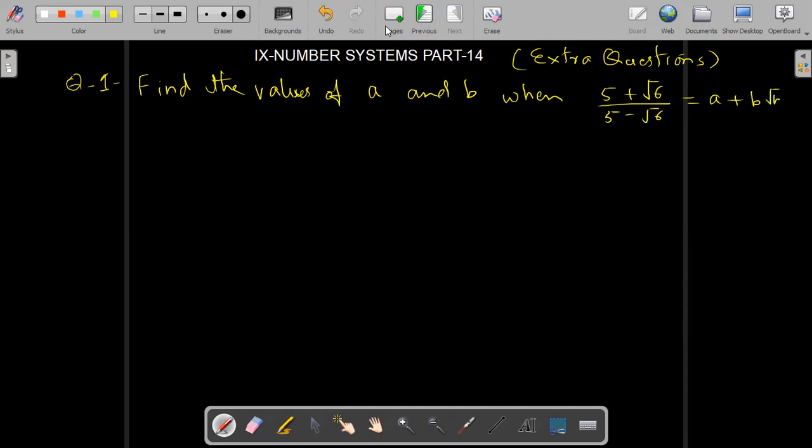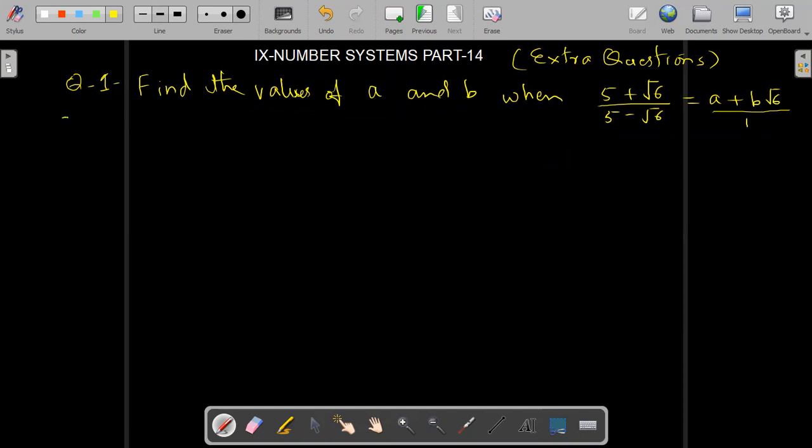So you can see from the question that the right hand side is the rationalized form. Obviously the left side we have to rationalize and equate to the right hand side.